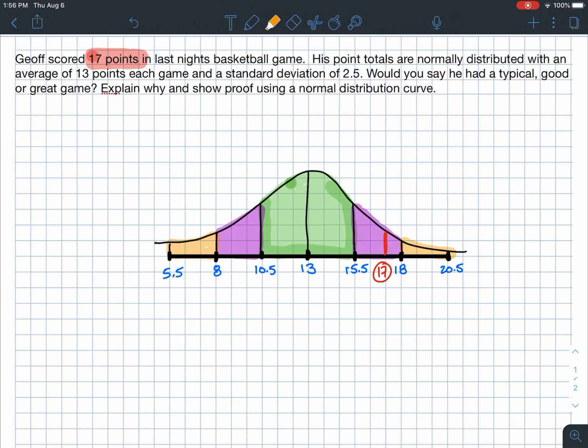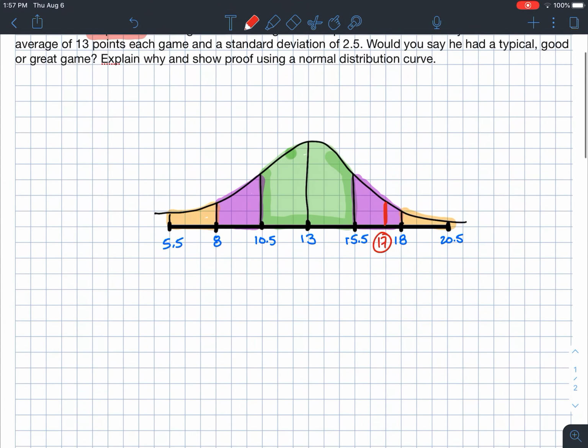These are his really good games and his really bad games. So imagine if he was down here at 6 points. That's not very good if he's averaging 13 a game. Or if he's up here and he has 20 points, that's super good. It's very rare he does that. It's a great game for him.